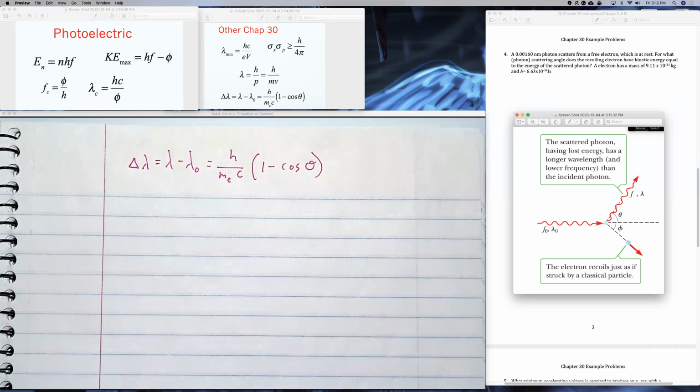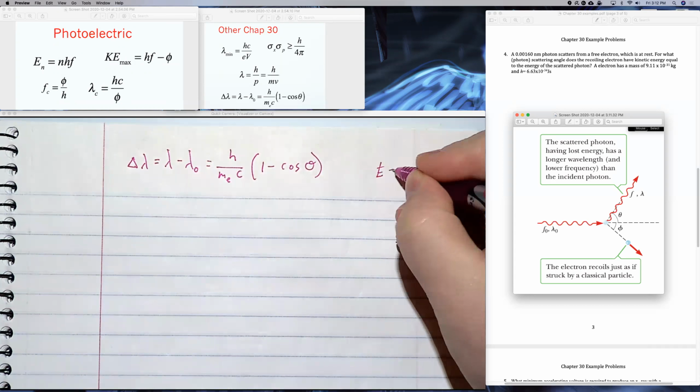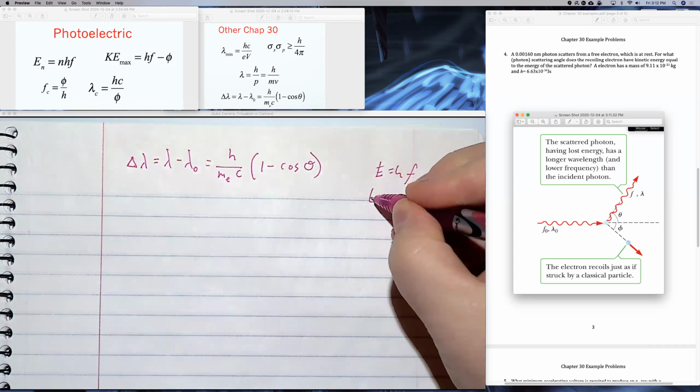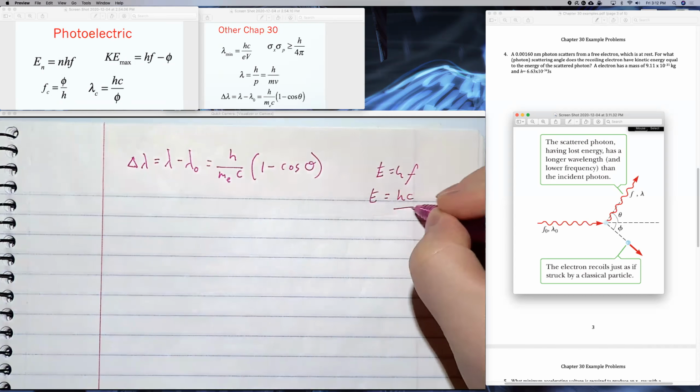Now, we can talk about the energy of a photon. The energy of a photon, once again, is hf. And I can use the same logic I did on question 1. I'm not going to bother going and doing it again. I can say the energy is then hc over lambda.